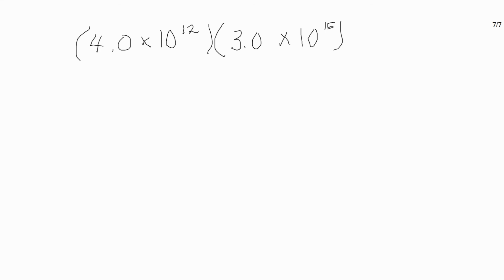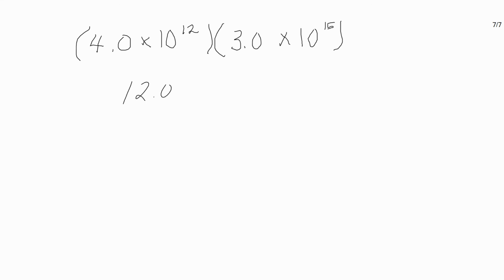I'll give y'all a hint. 4 times 3 is 12. So you don't have to use your calculator. All right, 4.0 times 3.0 is 12.0.